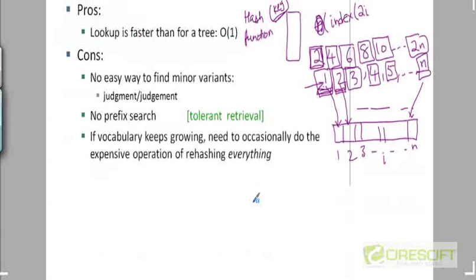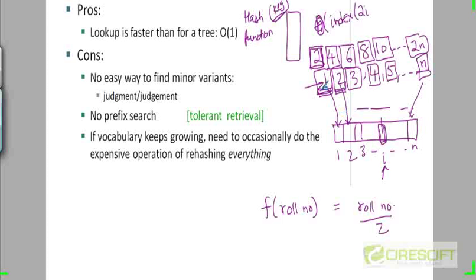Sorry, let me write it here. If I want to find out where the record for a particular roll number is stored, I can just take half of that and I will get the index in this array where I need to look up to get information about that record.